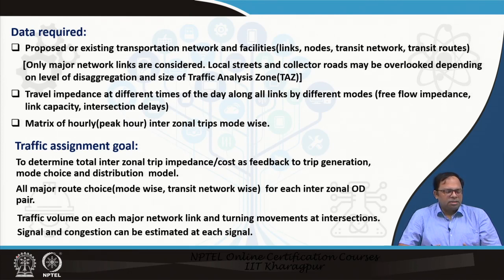So in that sense, we need a detailed understanding of traffic signals and all, just to ascertain what the total impedance would be and the increase of impedance when the capacity is exceeded, and that also influences the assignment part as well. Even if we don't change the route choice, it will change the link assignment part as well.